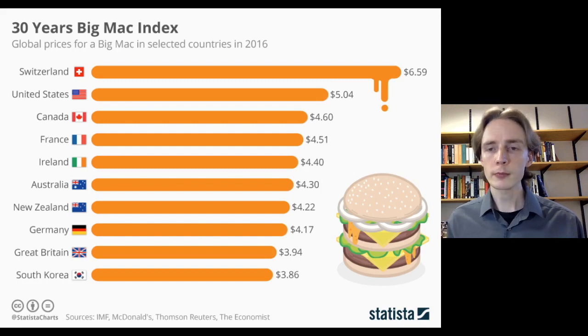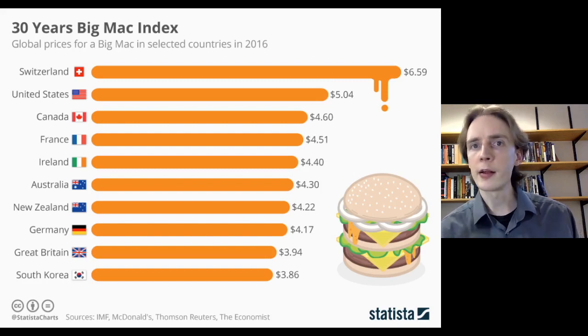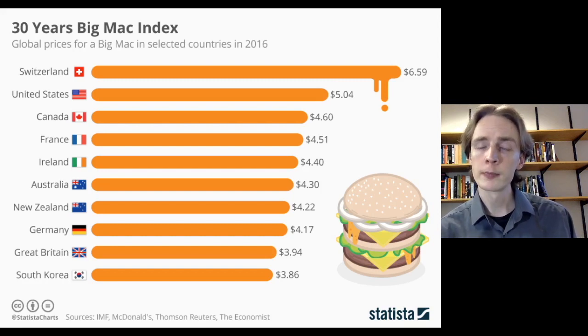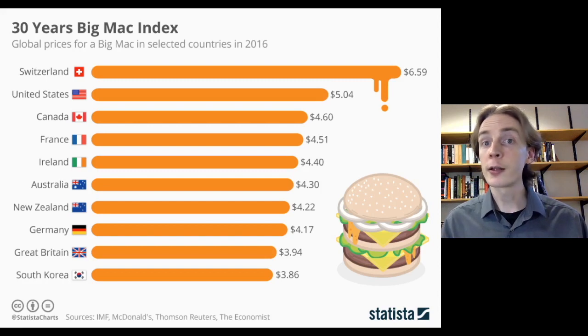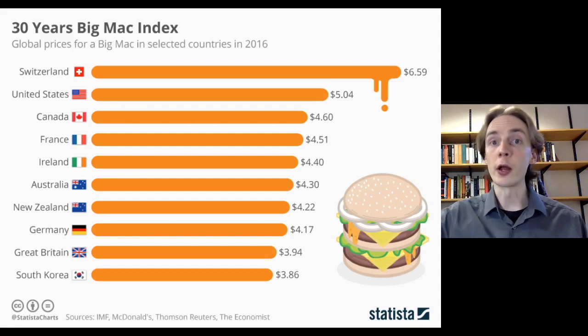pretty affordably. And this gives us a sense of how changes in exchange rates affect the profitability of imports and exports. So from the perspective of Switzerland, because their currency is so overvalued, they're going to be able to buy a lot more of other people's goods.